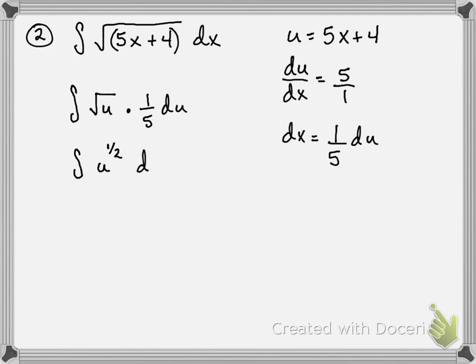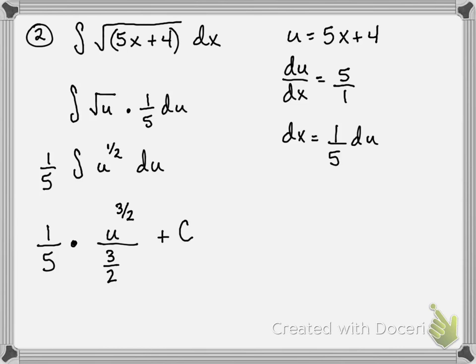I'm just going to take my 1/5 out front, because you can do that as well. Just bring it all the way out, and it simplifies your integral a little bit. So now we're going to use the anti-power rule. So you have 1 over 5 times u to the 1/2 plus 1, which is 3/2, all over 3/2.